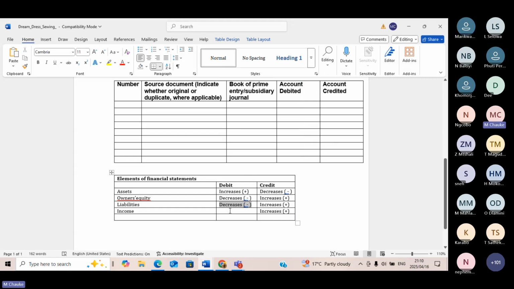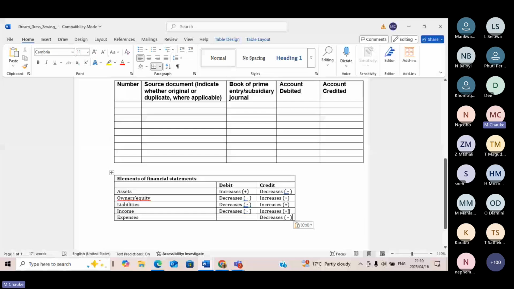And then we've got expenses. Expenses decrease on the credit side, and on the debit side, they increase, right? They are the same as assets in terms of the principle.